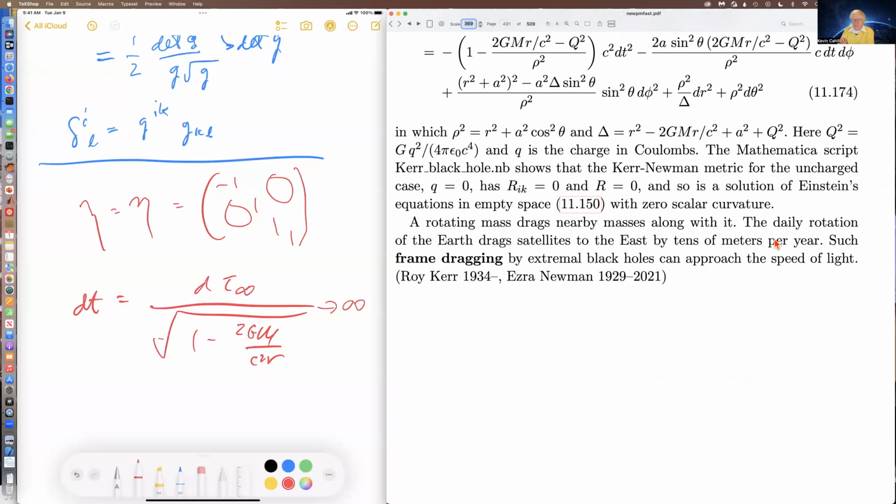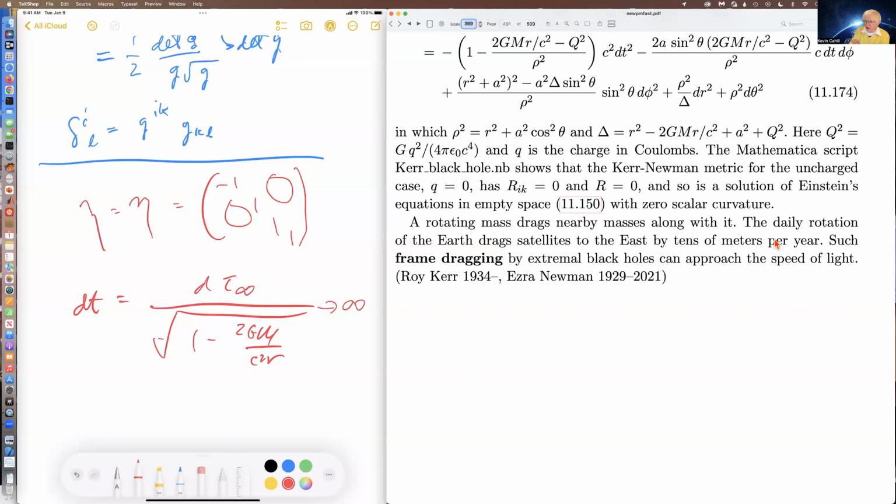And in particular, the daily rotation of the Earth, and the Earth is by no means a black hole, drags satellites to the east. Remember, the Earth rotates toward the east, which is why the sun rises in the east, sets in the west, by tens of meters per year. So that's a macroscopic effect due to the rotation of the Earth, and this is called frame dragging.